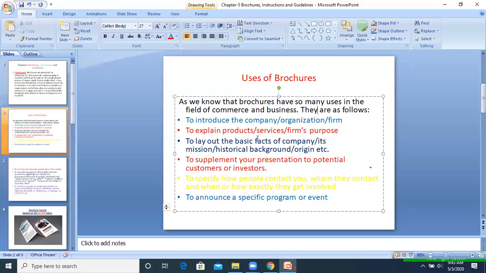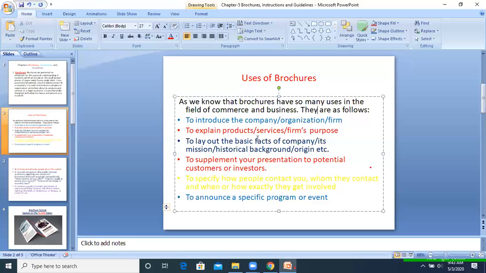They all are informed by the brochure. That's why brochure can be used to explain products, services, firm's purposes, which can be seen in the tri-fold. Especially most brochures can be seen in the tri-fold.